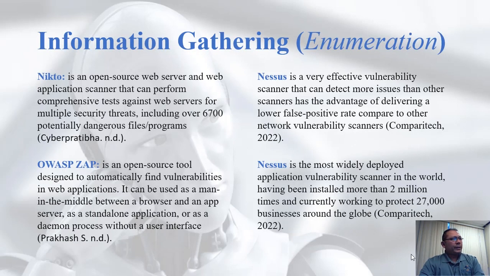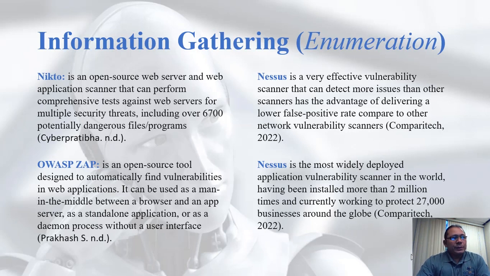Information gathering is network or system enumeration. As mentioned earlier, the tools that I will be utilizing are Nikto, OWASP ZAP, and Nessus. Nikto and OWASP ZAP are both tools used to search for and exploit vulnerabilities in web applications.